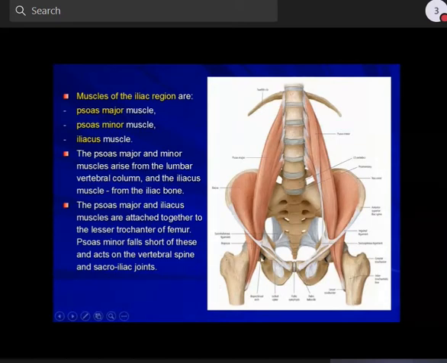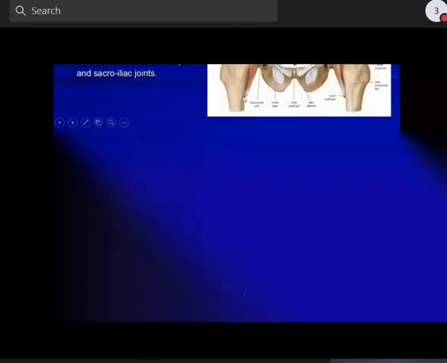Why? Because it ends on the trochanter minor. The trochanter minor is positioned on the posteromedial surface of the femur, and so it tends to pull the trochanter minor forwards, at the same time rotating the femur outside, laterally. Extorsion.